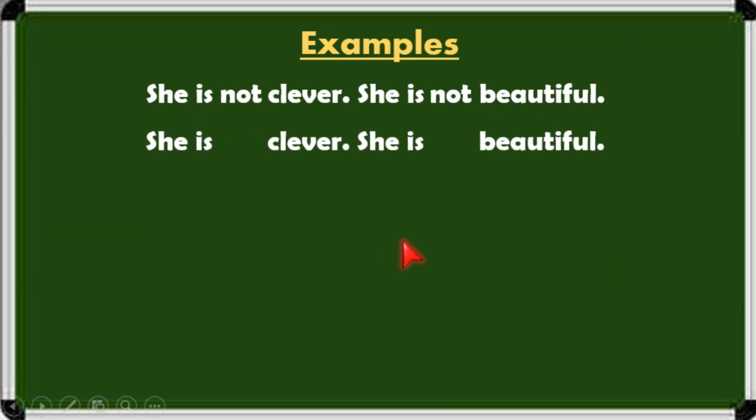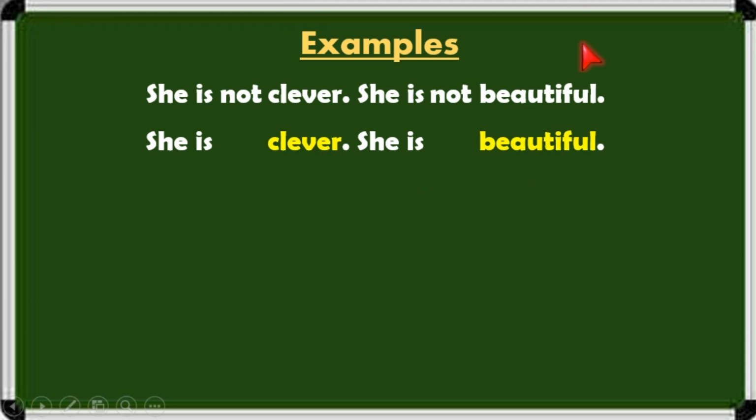Okay, then identify the different words given in these sentences. Here carefully notice: she is clever, she is beautiful. So clever and beautiful are the different words.